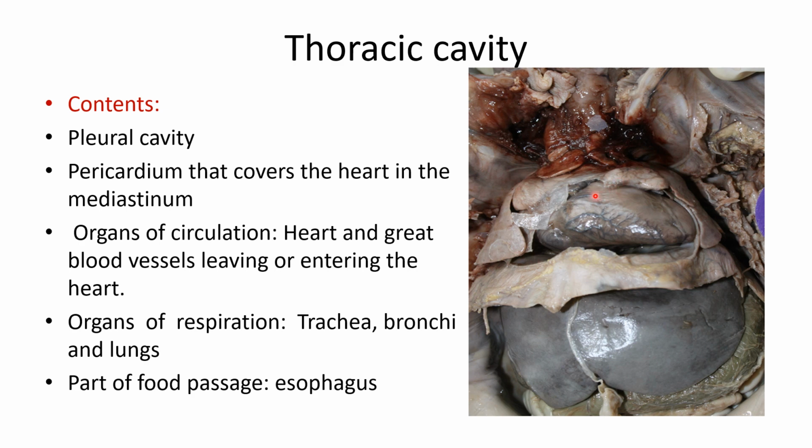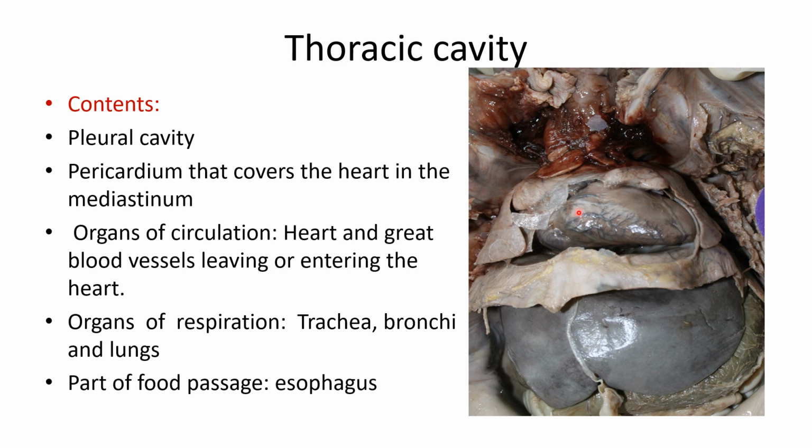There will be right and left pleural cavities. You are seeing part of the pleura. And then the pericardium, which will be covering the heart, in the mediastinum. So the pleural cavities are on either side, and in the middle is the mediastinum containing the heart enclosed in the pericardium.